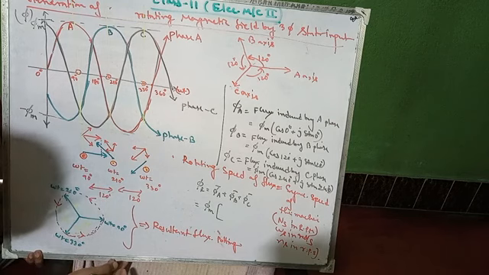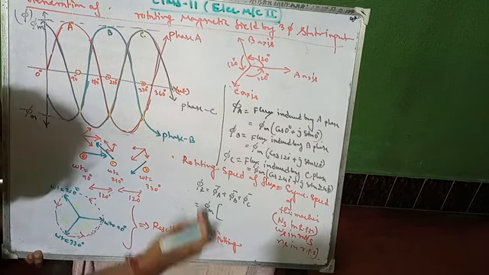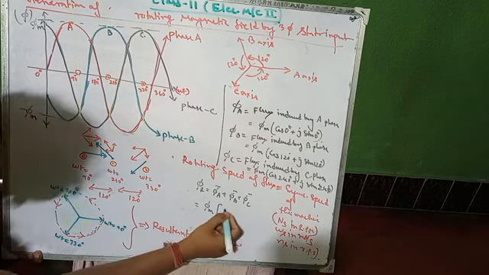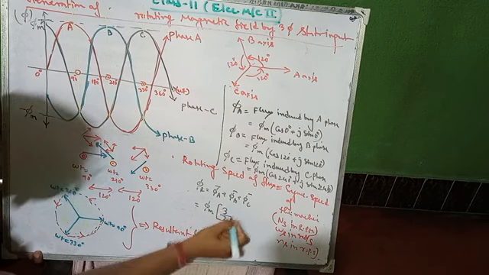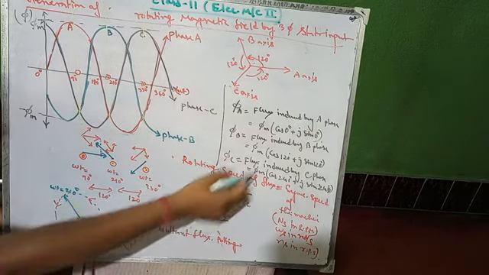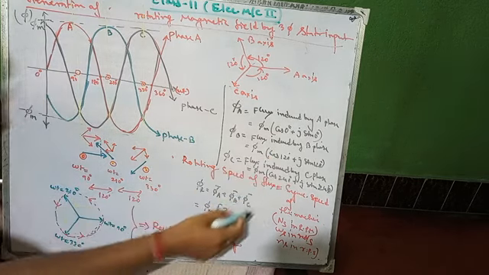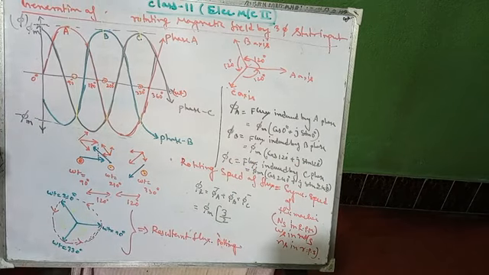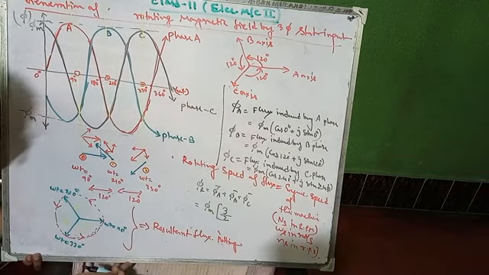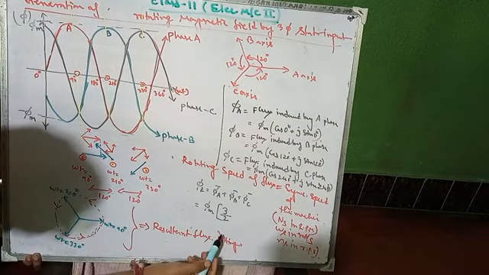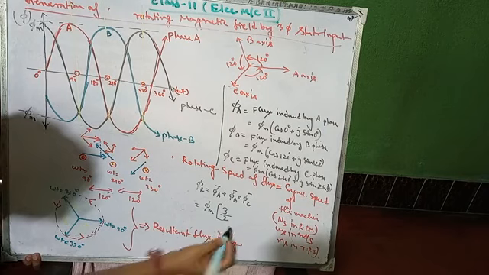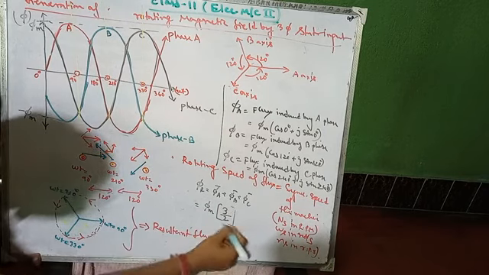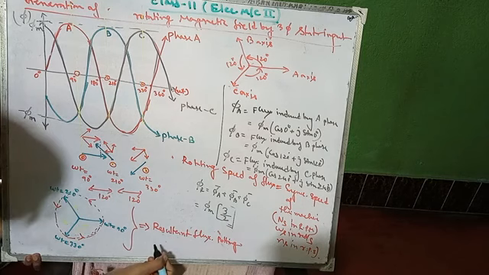Next, if we add actually, then you can see that it will be 3 by 2. So just do this calculation. Put the cos 120 degree value, sine 120 value, cos 240 value, sine 240 value in your own calculator. Then you will see that the value will come to 3 by 2.